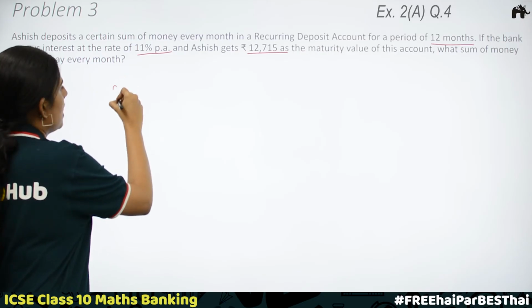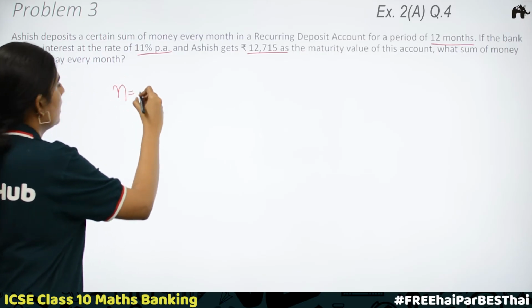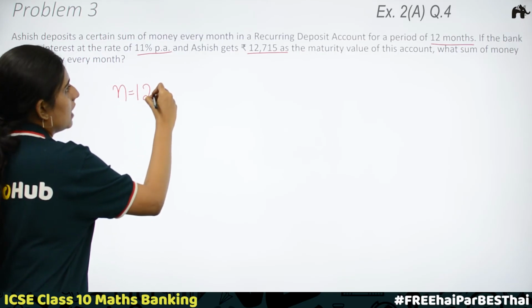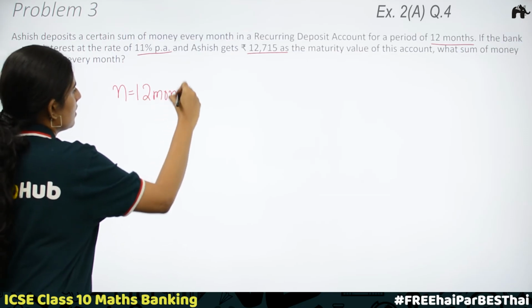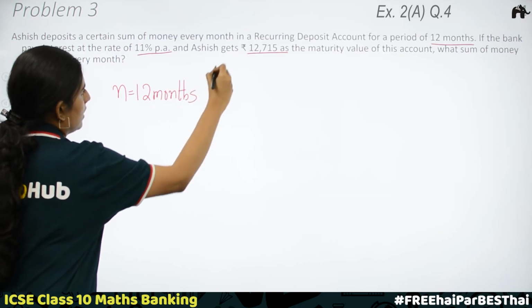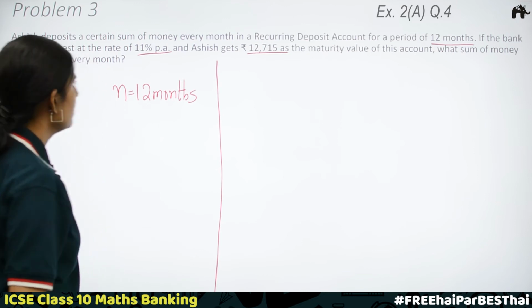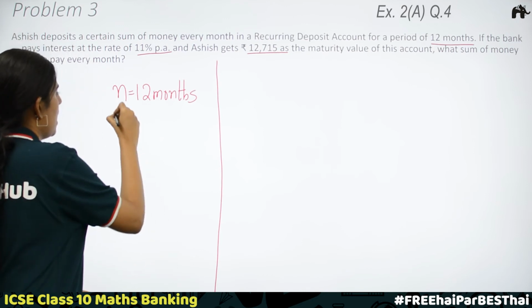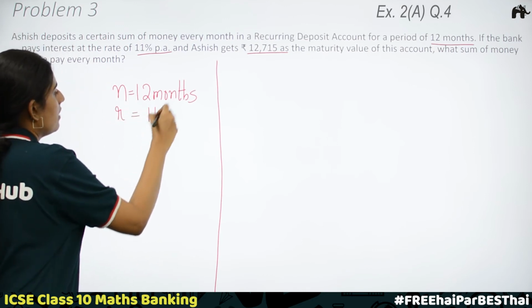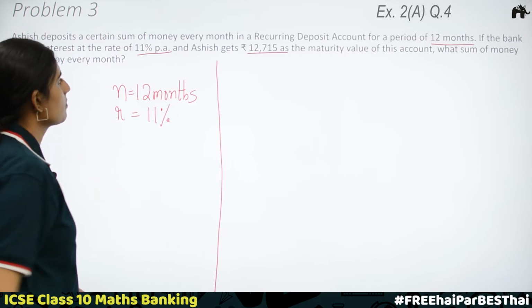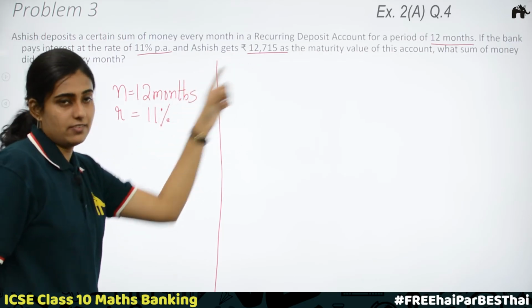Given quantities are N, number of months, that is 12 months. Then, what else is given? Rate of interest. R is equal to 11%. Maturity value is given.